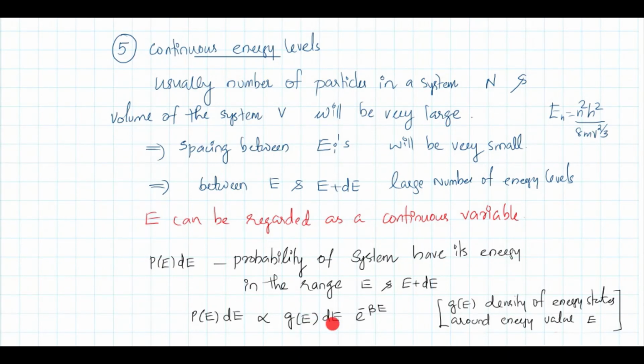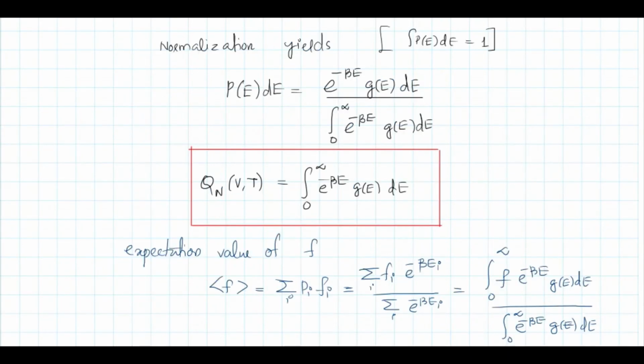Now the normalization. We know that the total probability should be 1. So here, instead of summation, you have to integrate over all the energy values, and from this we can calculate the proportionality constant as 1 divided by integral 0 to infinity e raised to minus beta E G of E dE.